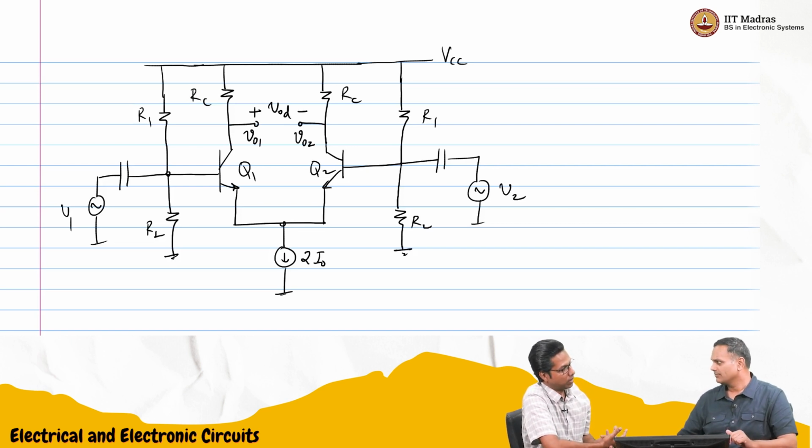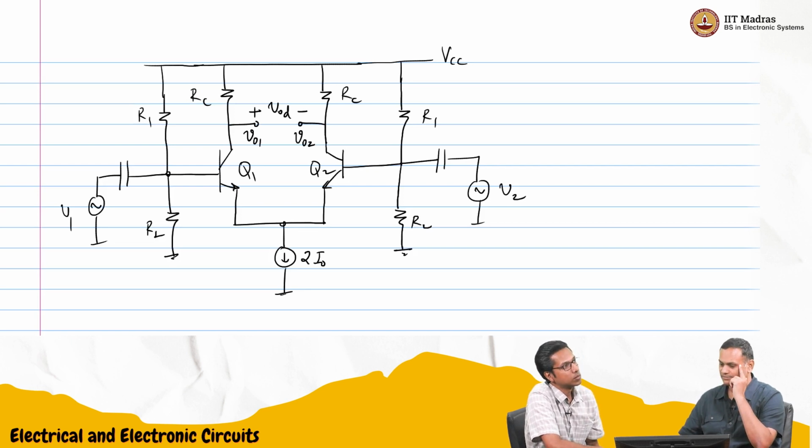Right. And we were saying we wanted to amplify the difference, VD. That's right. VD is the difference voltage between these two inputs. So can we say VD by 2 is the voltage at one side?